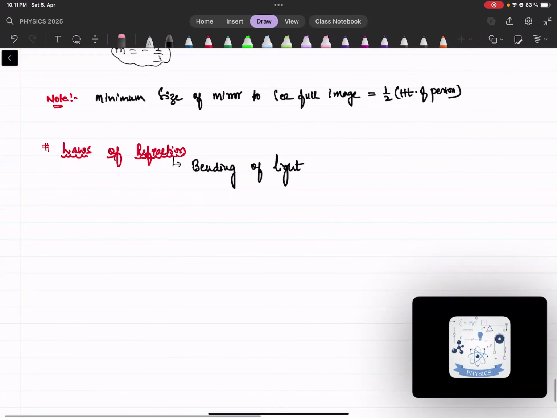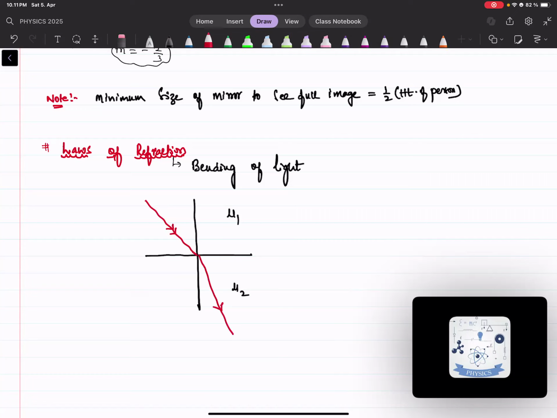Like, say, for example, this is your medium and this is your normal. This one has refractive index mu1 and this one has refractive index mu2. When a ray of light is coming from the rarer medium to the denser medium, this is your incident ray. The ray of light will bend towards the normal. This is known as the refracted ray.